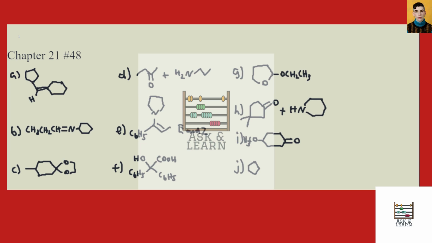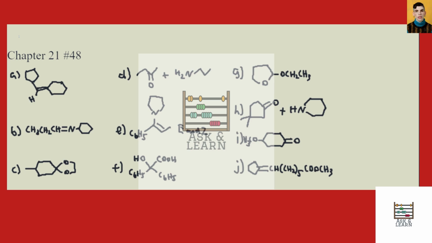And then our other piece of the molecule looks like this. And we can just connect these two by a double bond where the carbonyl formerly was. And so that's our Wittig product for J.